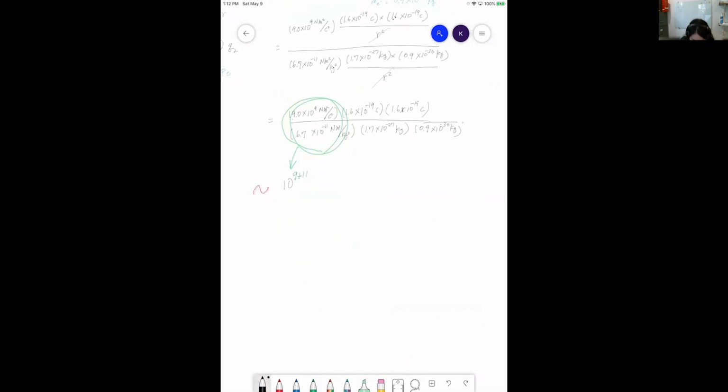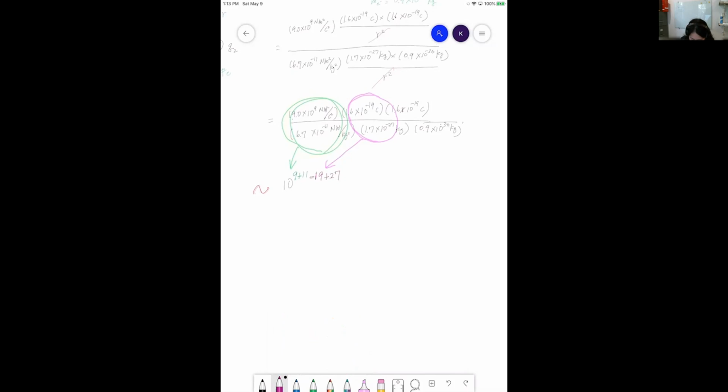And then, let's use the purple, I guess. Now compare this: 10 to the minus 19. Okay, 10 to the minus 19. And then in the denominator, we have a negative 27, so it becomes plus 27.